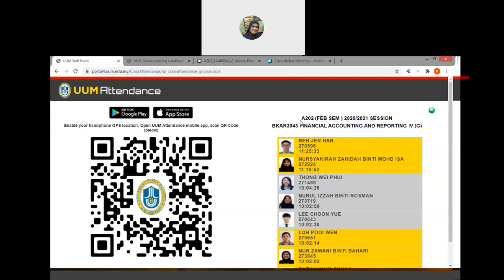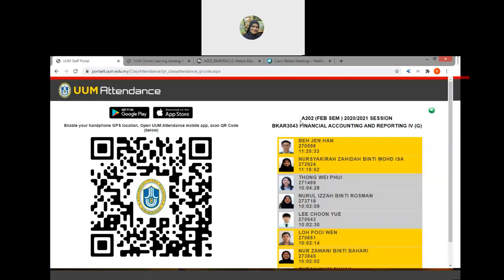Share-based payment is any payment that is made using shares. For example, you give a bonus to the employee using shares. But this one is share option expense, and I don't think that is related to share-based payment.